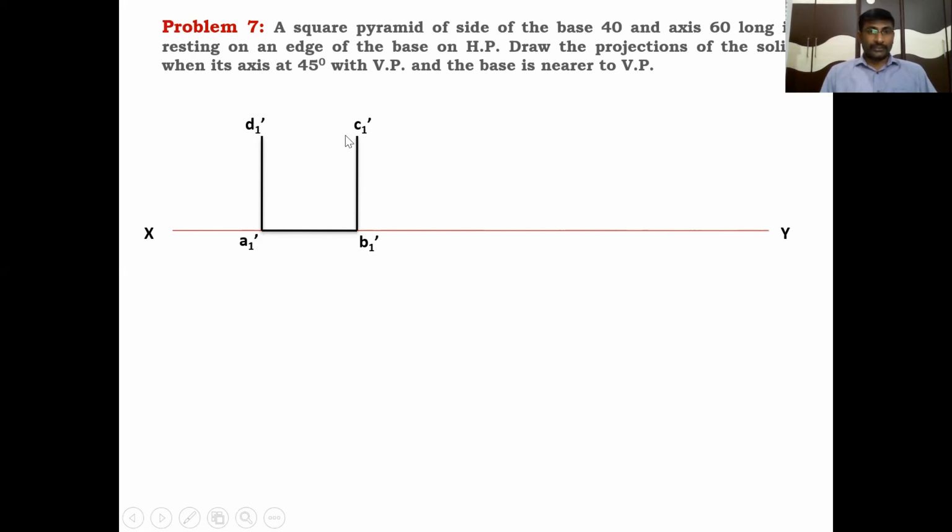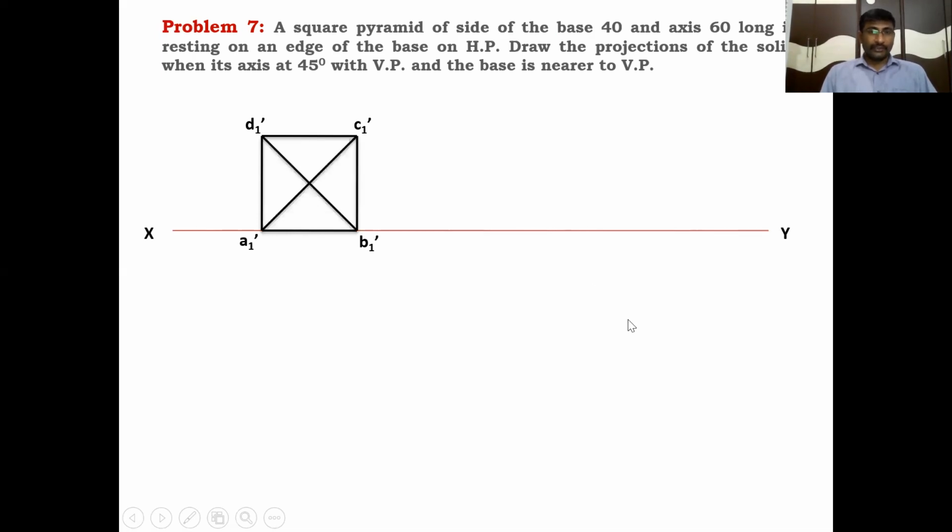Join the points C1 dash and E1 dash with a horizontal line. This is the square with one of the base edges on XY. Clear? One of the base edges on HP means in the front view one of the base edges on XY. Clear?